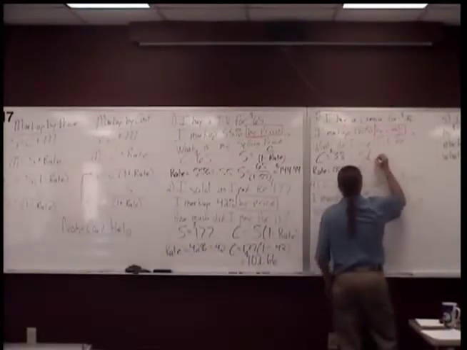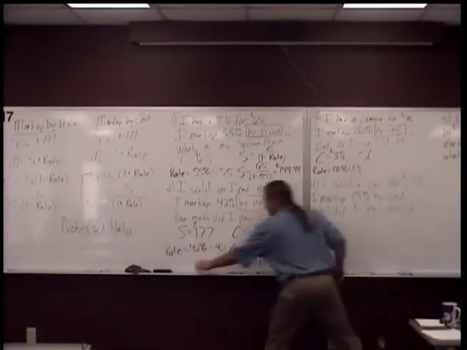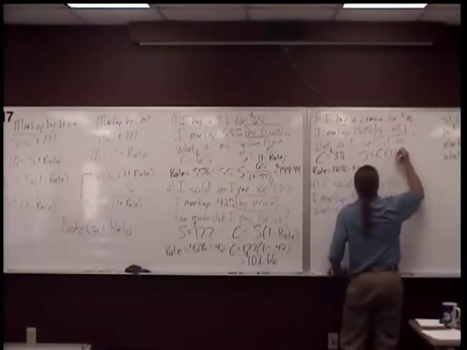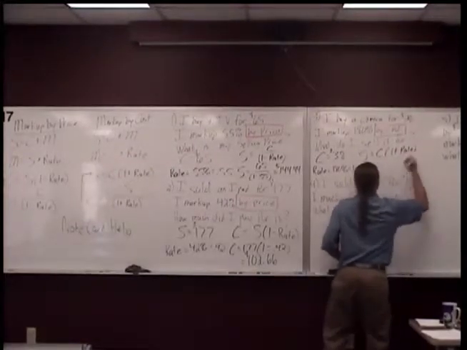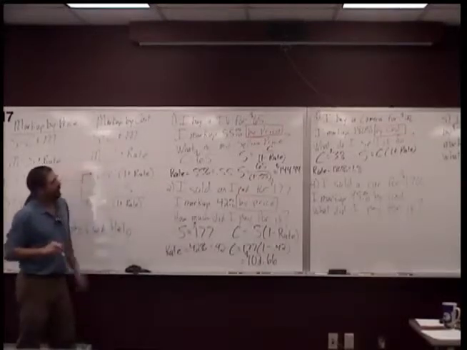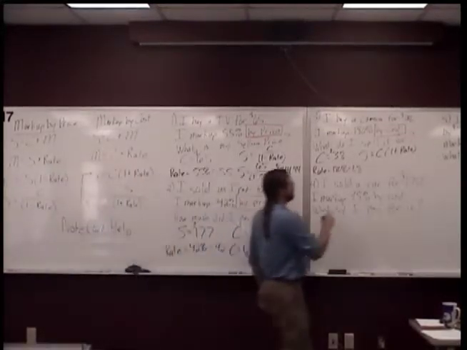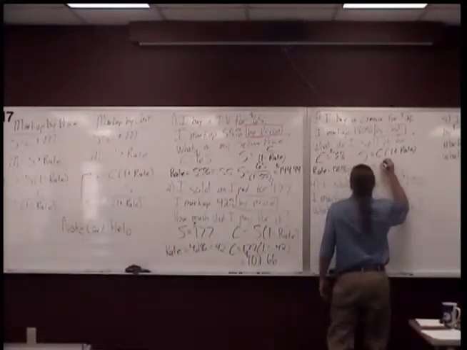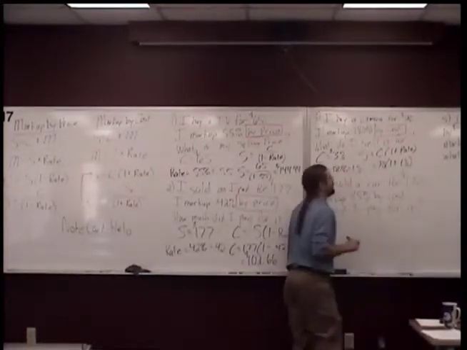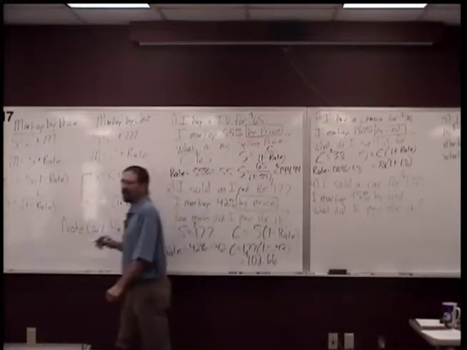My selling price is equal to cost times 1 plus the rate. Now, plug it in. 38 times 1 plus 1.8. Please be careful. Make sure you add 1 to 1.8.